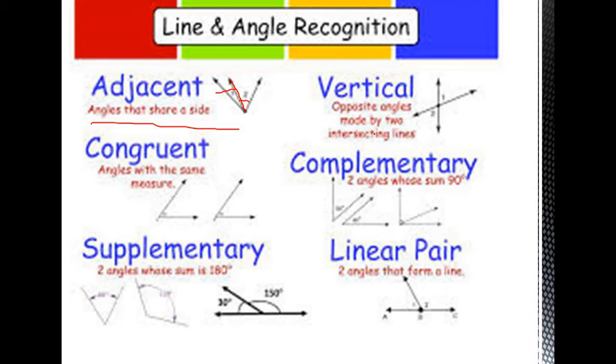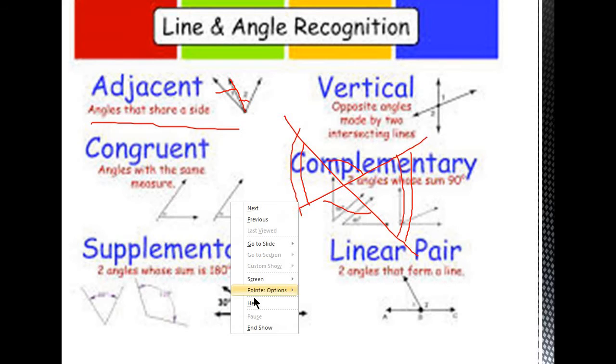Vertically opposite angles are made by intersecting lines. When these two lines intersect, these angles are called vertically opposite angles. Clear?